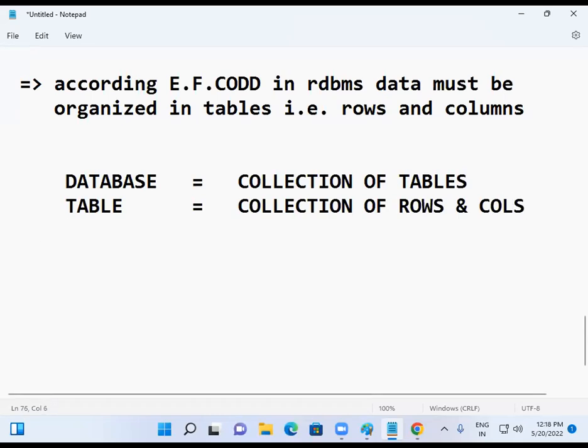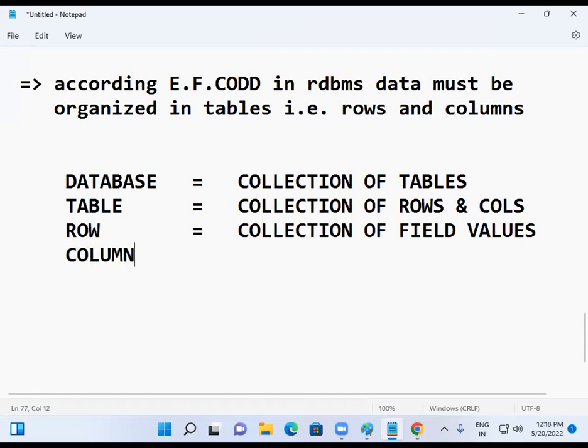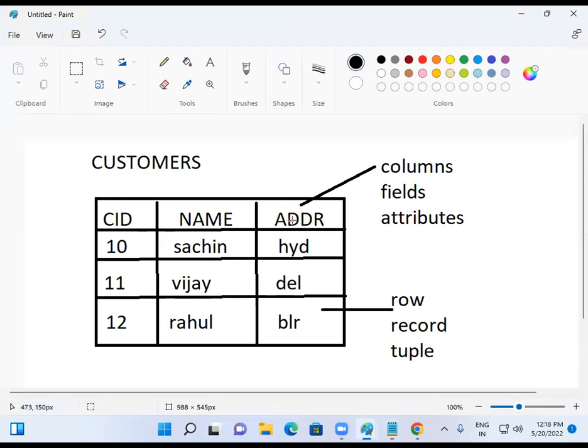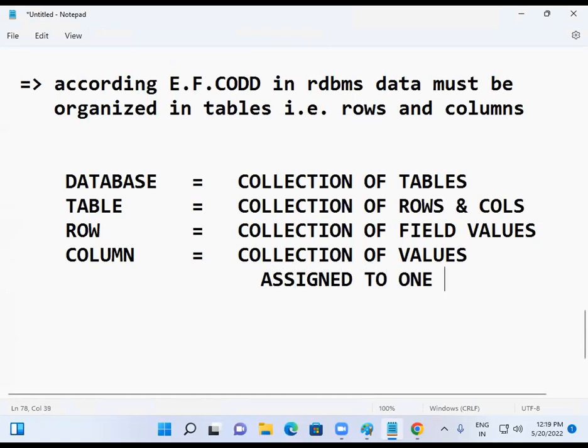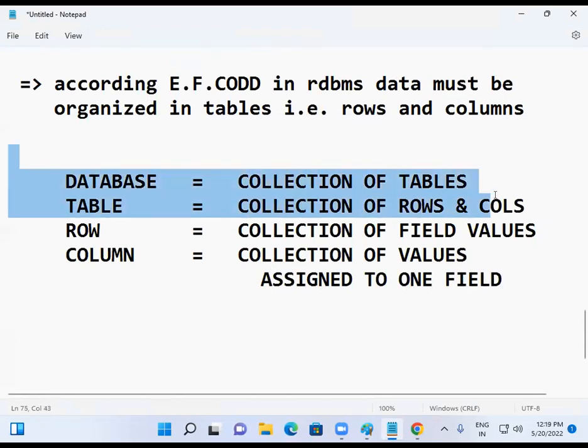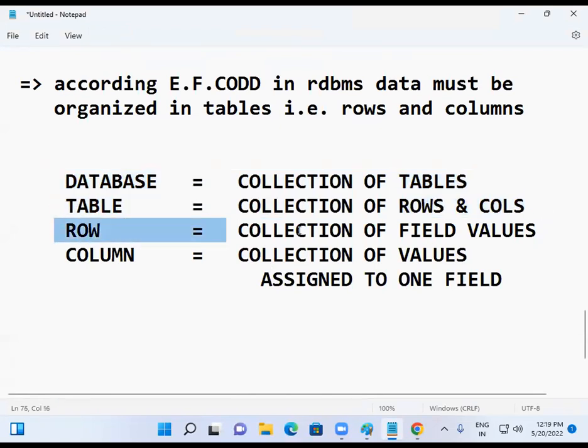A row contains a collection of field values.